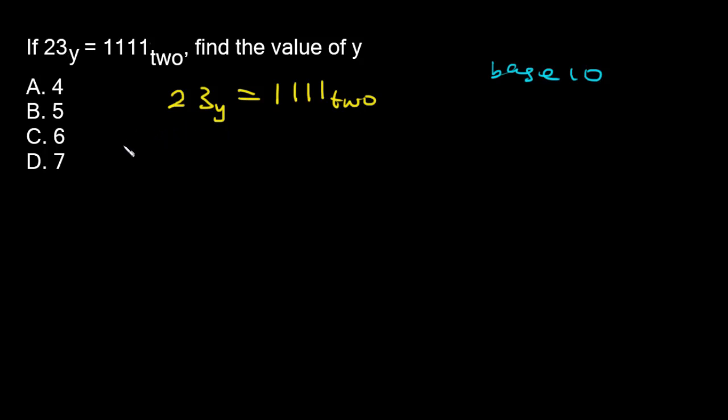So we will convert this 23 to base 10, and to do that we multiply each digit with the base number, which is y, and then add all the multiplications together. We will do the same to the number on the right hand side.